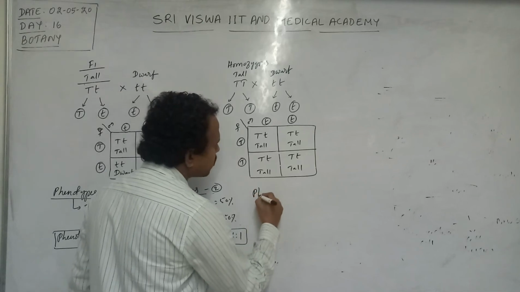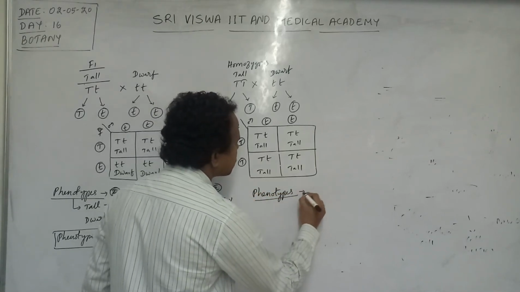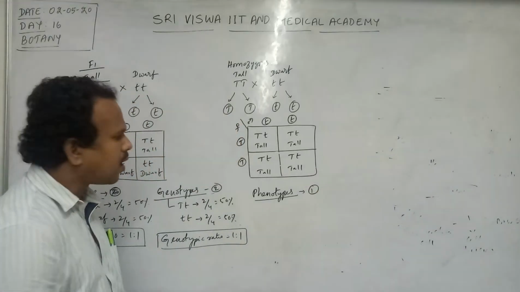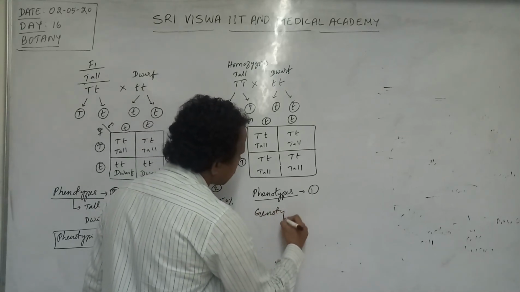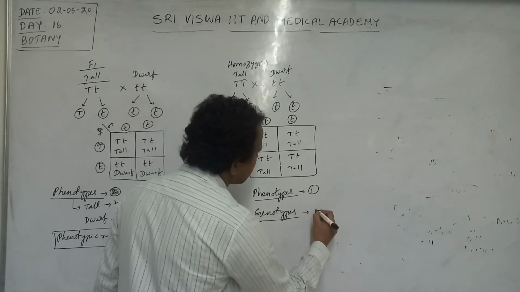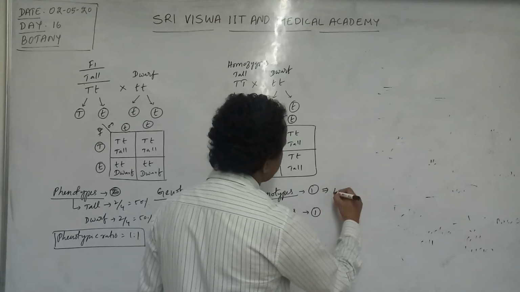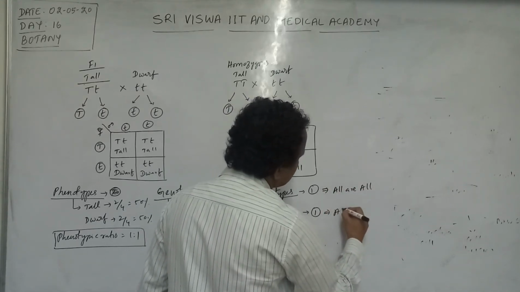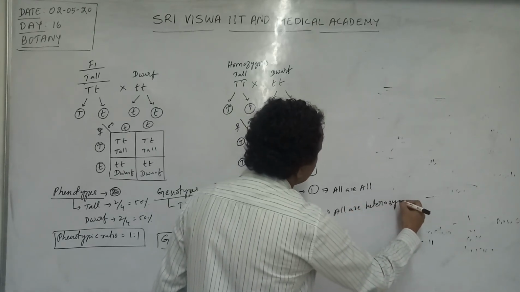Now analyze the phenotypes. How many types of phenotypes are formed here? All the plants are tall. All the types are tall. Then analyze the genotypes. All the plants are having only one type of genotype. Here all are heterozygous.